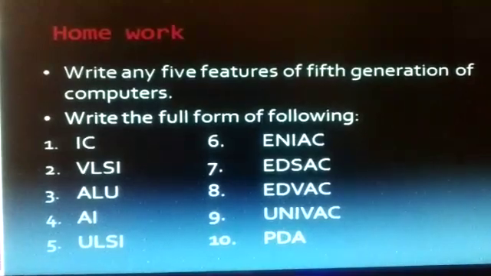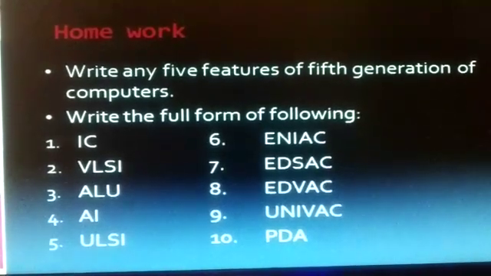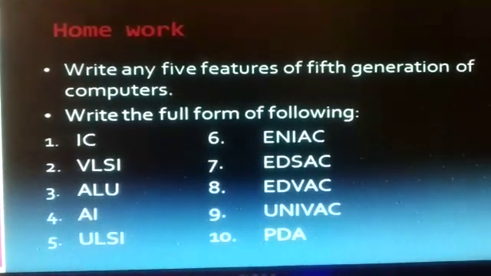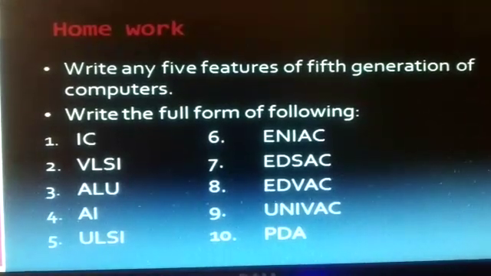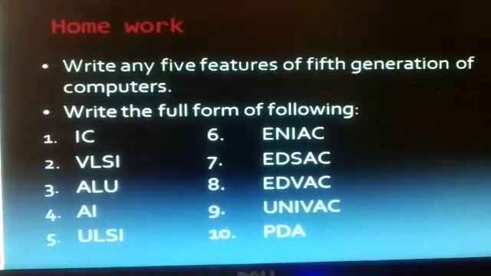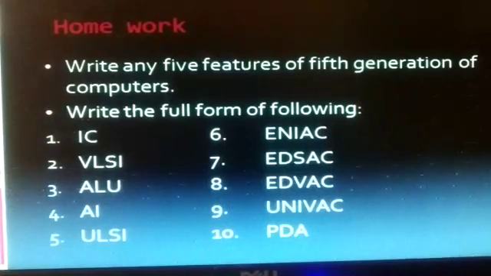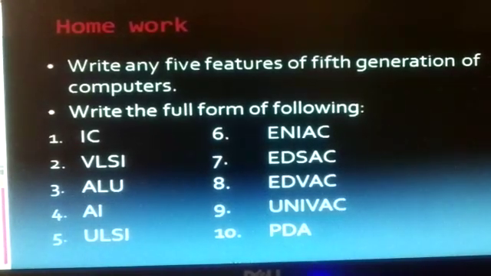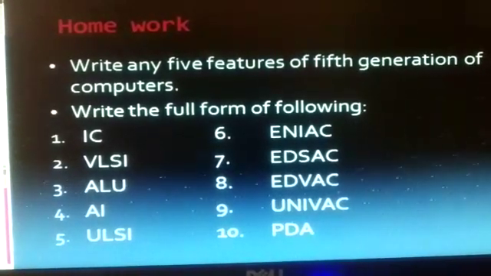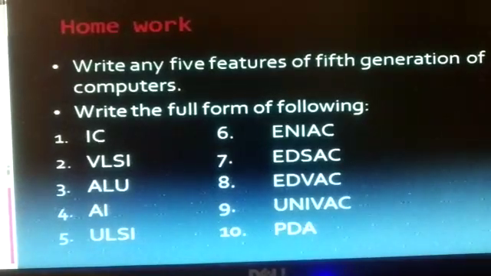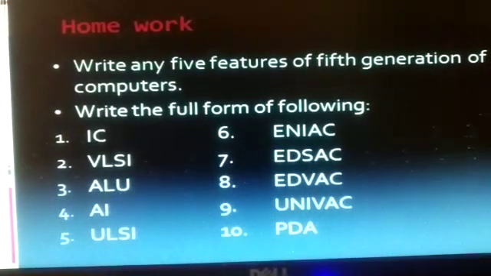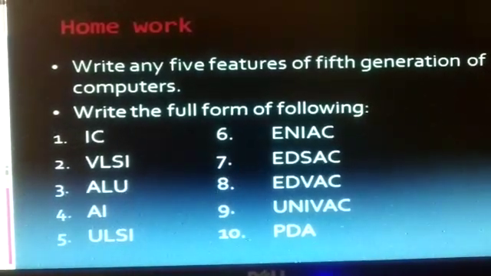Students, your homework is: first, write any 5 features of the fifth generation of computer. Second, write the full form of the following. First, IC. Second, VLSI. Third, ALU. Fourth, AI. Fifth, ULSI.